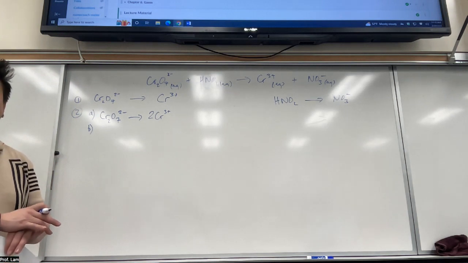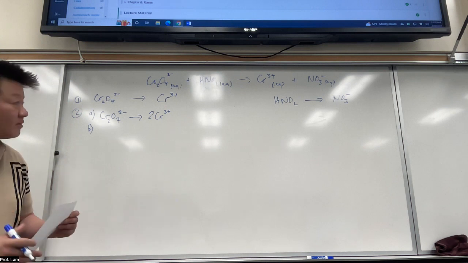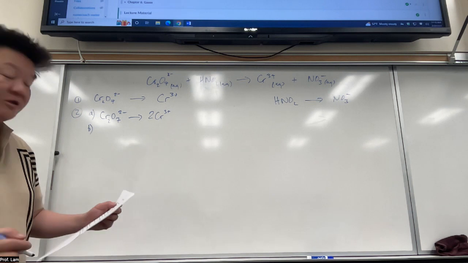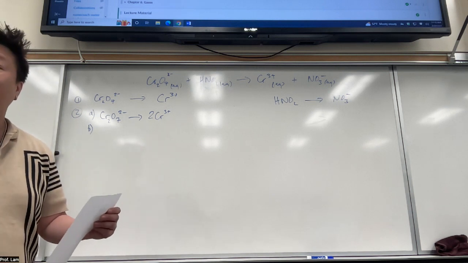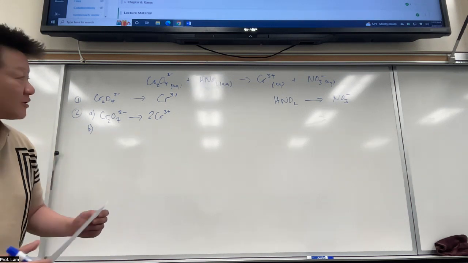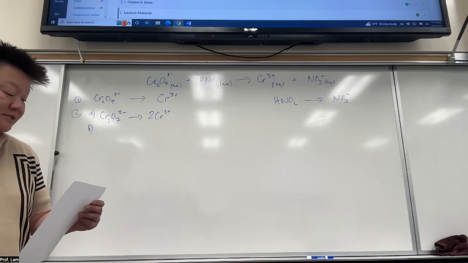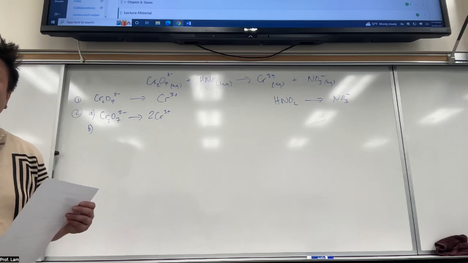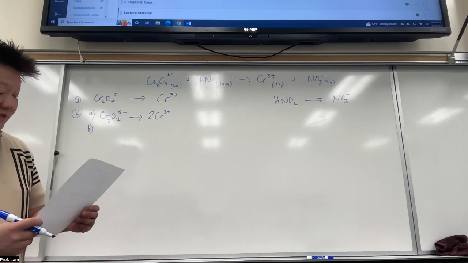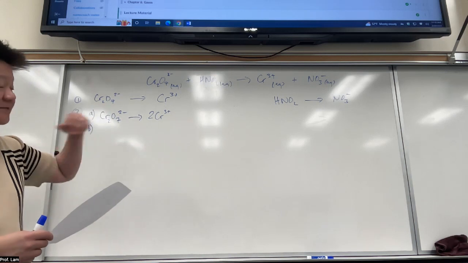It leads with H, which are protons, right? So when you're in acidic solution, you have water and you also have H plus. That's what you're using to balance the equation: water to balance the oxygen, and to balance H, use H plus. I'll show you as well in basic solution what happens, but we're just going to do acidic solution first.